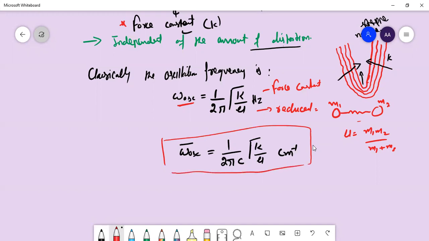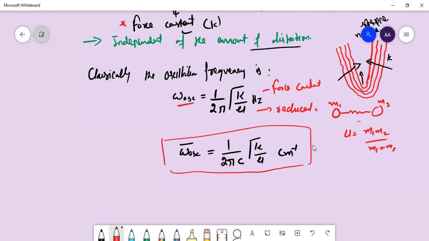So this is the equation of the oscillating frequency in terms of wave numbers: the oscillation frequency in terms of wave number is equal to 1 upon 2 pi c under root K upon mu, in centimeter inverse. Here also we see that the oscillating frequency is directly proportional to the force constant and inversely proportional to the reduced mass of the system.